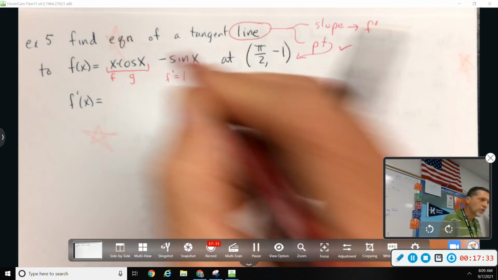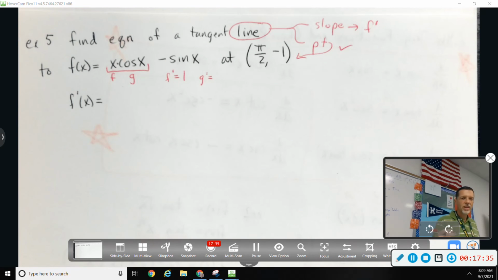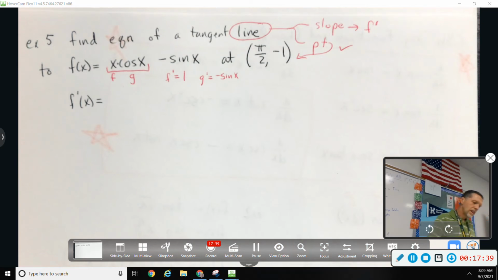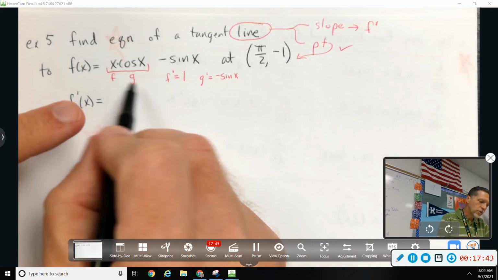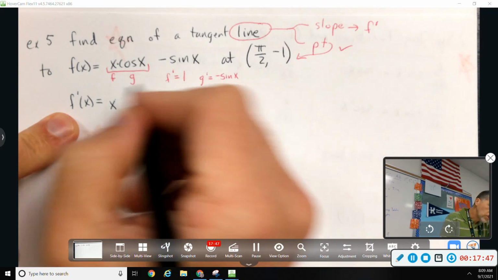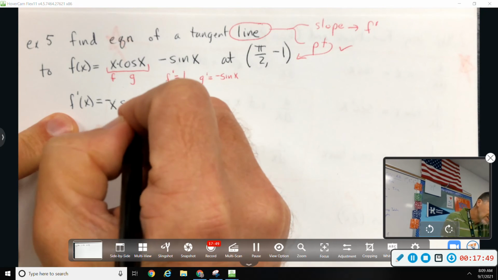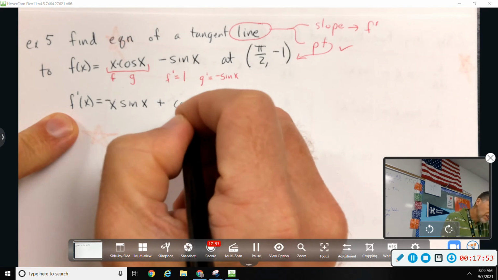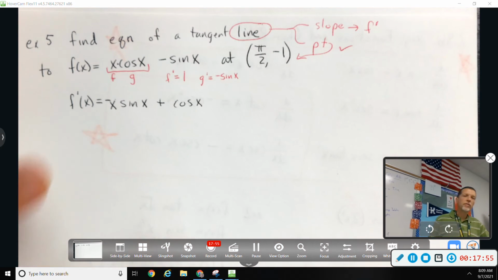What's the derivative of cosine? Negative sine. Okay, it's product rule, so the order doesn't really matter. First times derivative of the second plus second times derivative of the first.